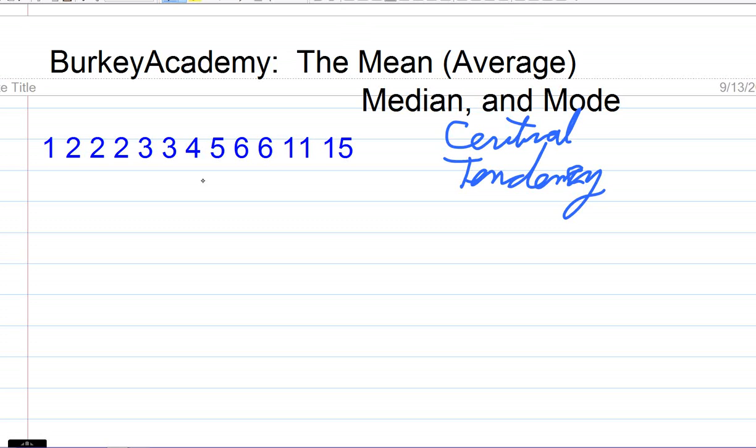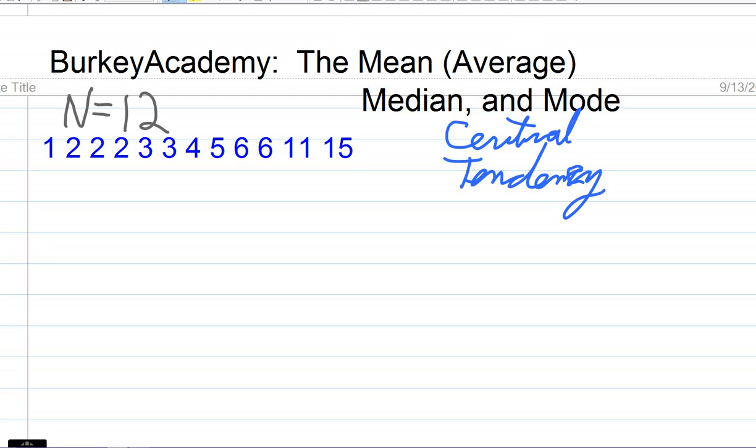And so we have 12 numbers here, and we describe that with this little notation, n equals 12. And sometimes people will use capital N, sometimes small n. The only difference between those two would be that sometimes people use a capital N to refer to the total number of people in a population.